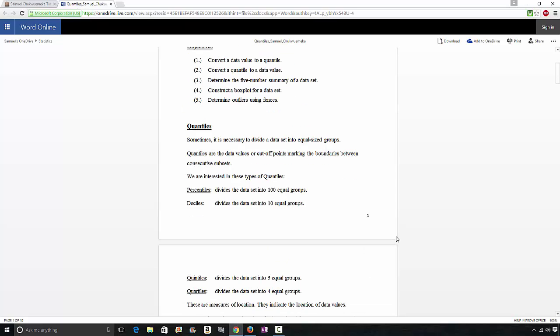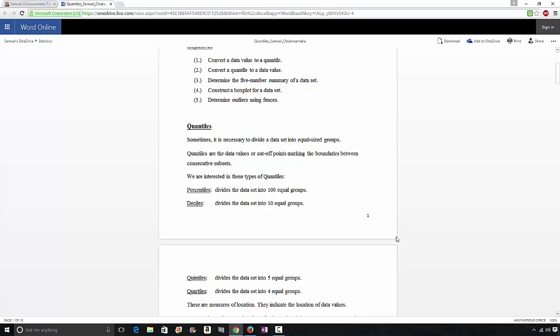So what is a quantile and why are we learning it? Sometimes it is necessary to know the position of a data value. So it is necessary to divide the data set into equal sized groups.